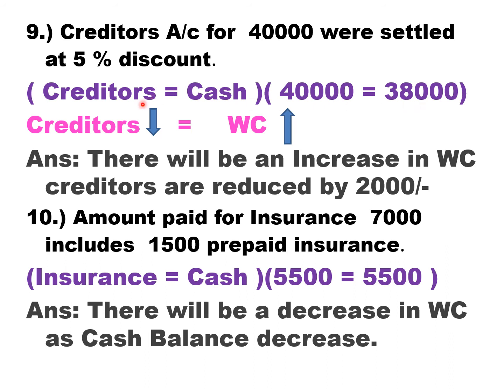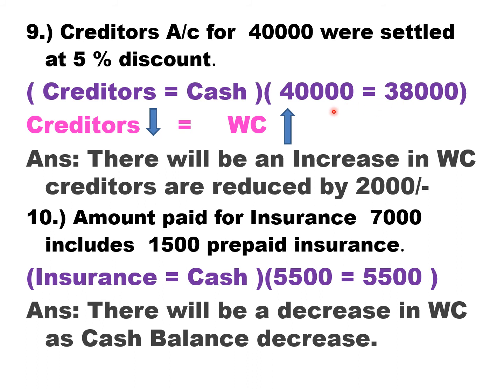Creditor is a current liability. Cash is a current asset. Both are current, but carefully analyze the difference, which is excess. 40,000 creditors were not paid at 40,000, they were paid at 38,000.